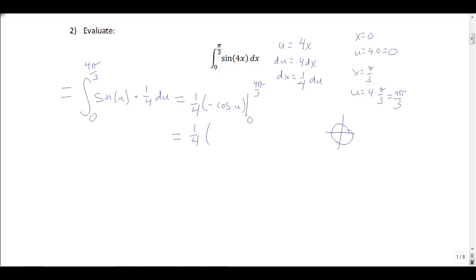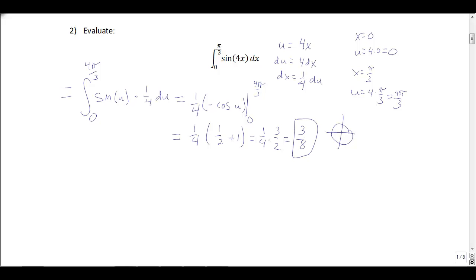It's the smaller of the x, so it's going to be a negative 1/2, but then it's a negative, so it's a positive 1/2. Minus, plug in 0. Cosine of 0 is 1, but again, that's a plus 1. So I get 1/4 times 3/2. My answer turns out to be 3/8.